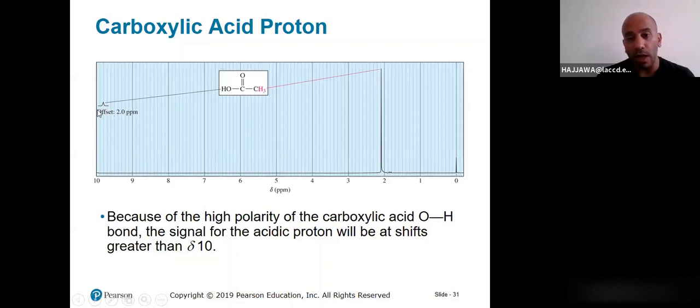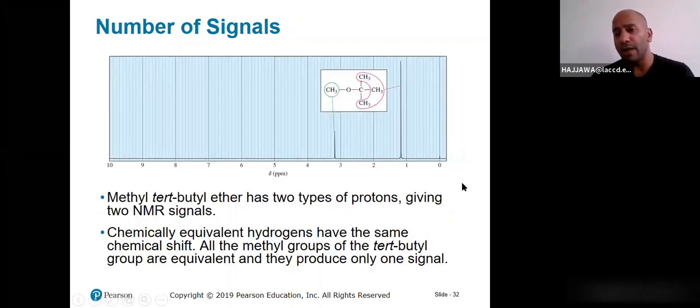You can see it's actually hidden. That hydrogen right there is going to have another peak different from the CH3. But you can see here that it's 2 ppm, so that's an indicator of a methyl or an alkyl group that's attached to a carbonyl. And that's the case. What's that peak around 0 ppm? That's the TMS peak.